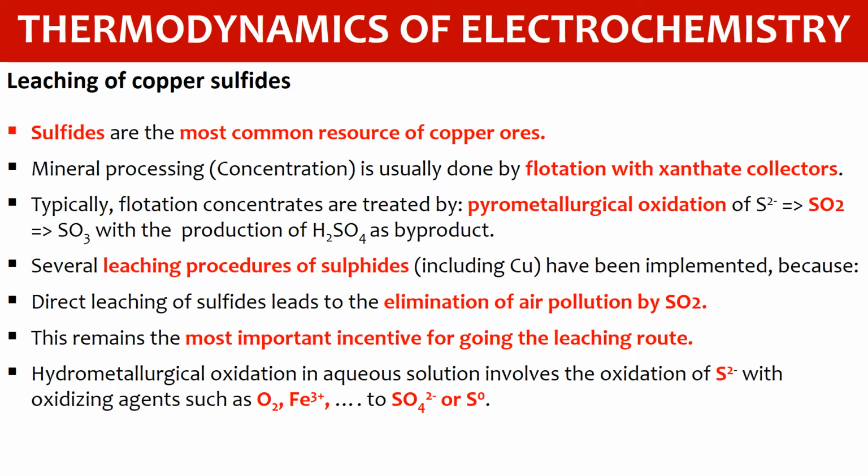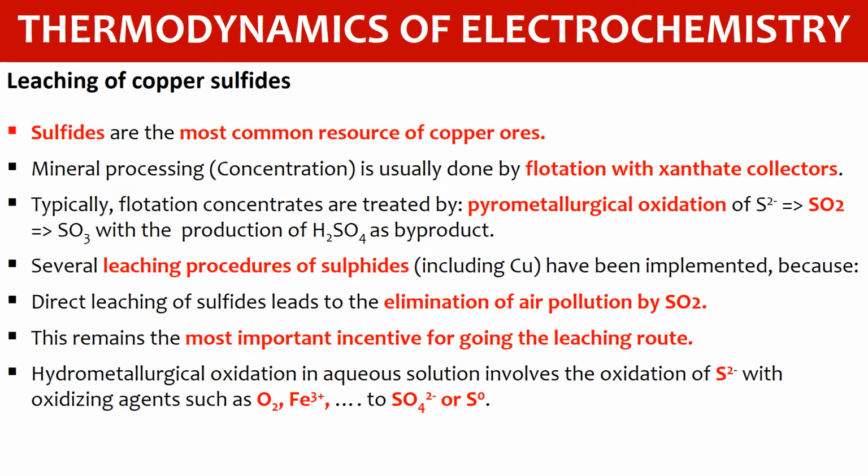Right. So let's look at the leaching of copper sulfides, in brief. Almost 80%, if not more, of the copper that is mined and processed in the world is in sulfide state. The rest is in oxide, which can be leached much more easily by, for example, sulfuric acid.